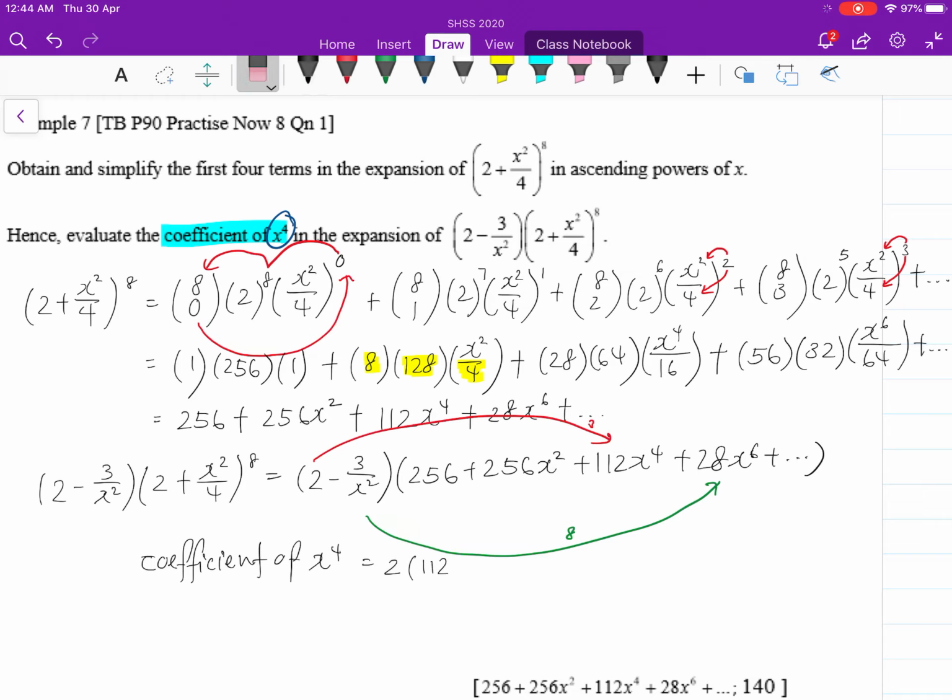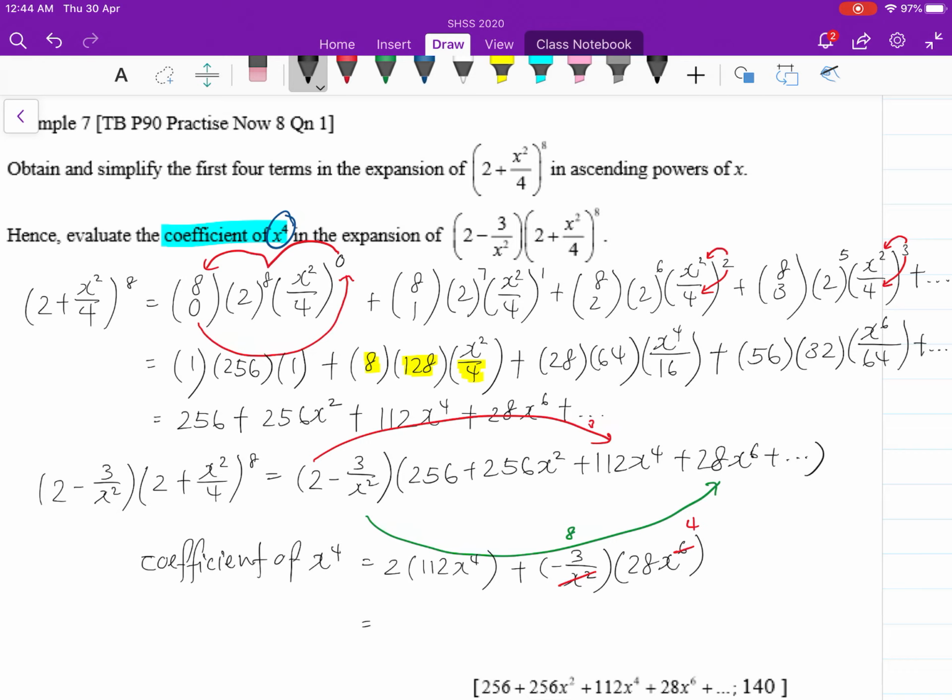Let me show you the working: 2 times 112x to the power of 4 plus number 8, which is negative 3 over x squared times 28x to the power of 6. If you cancel x squared with x to the power of 6, that will give you x to the power of 4. You see how this question tricks you?